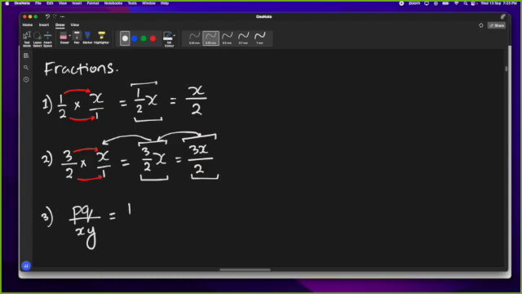I could say that this could be P over X multiplied by Q over Y. Because if I do the multiply, I'll get back this. I could also say it could be PQ over 1 multiplied by 1 over XY. Yeah. I could also say it's like that, because if I multiply this out, I will get back this.